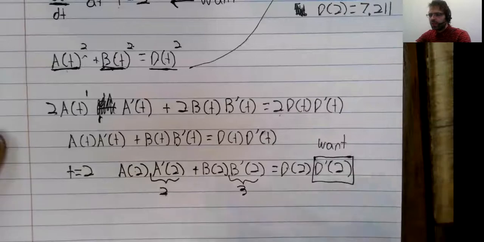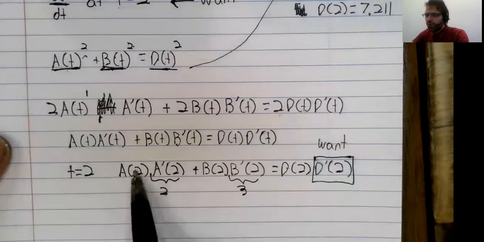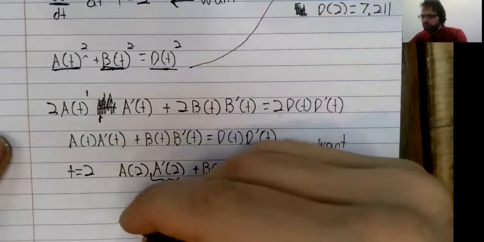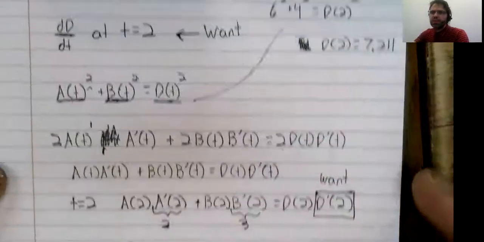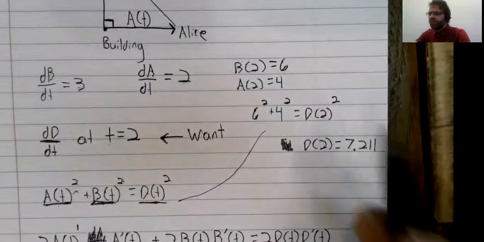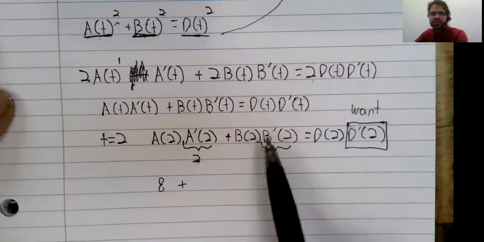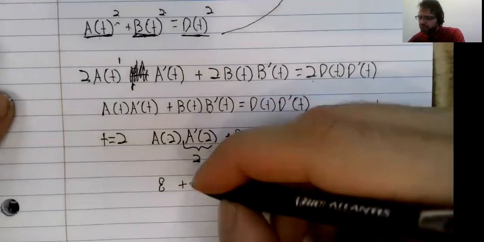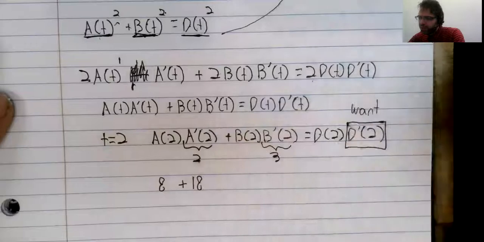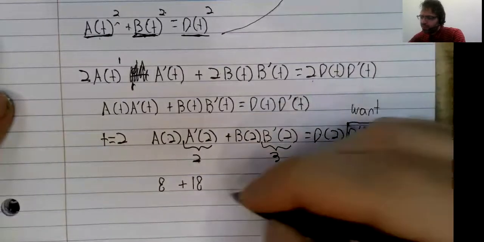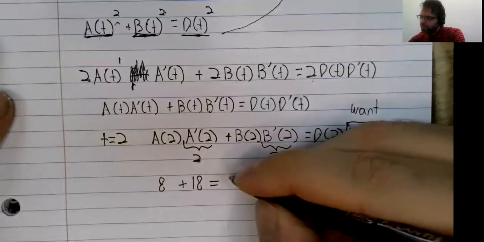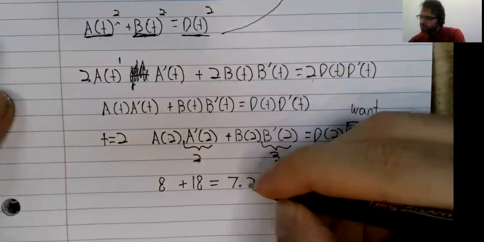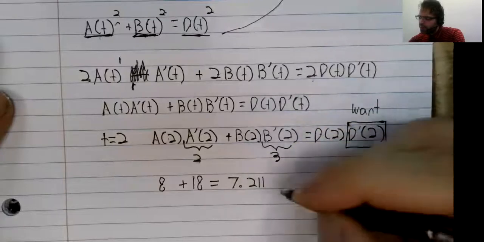So now A of 2 is 4. 4 times 2 is 8. B of 2 is 6. 6 times 3 is 18. Equals 7.211.